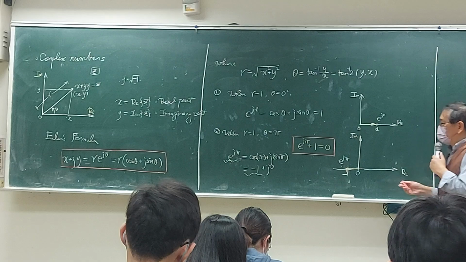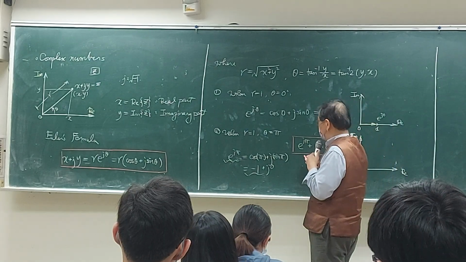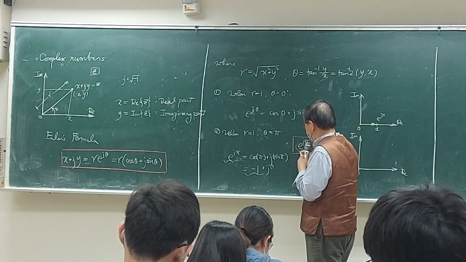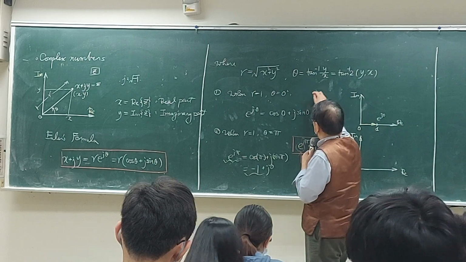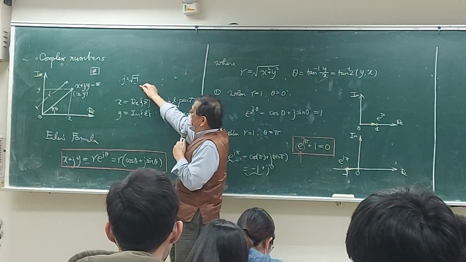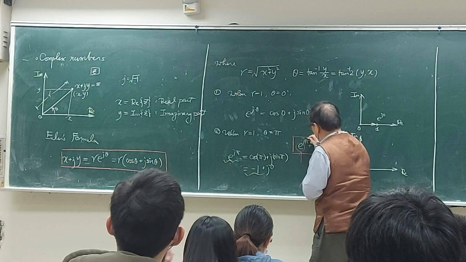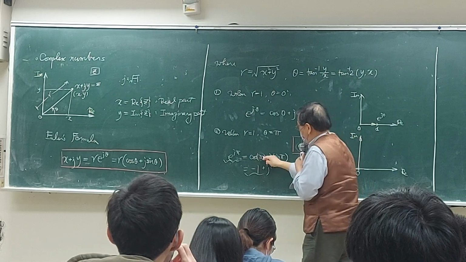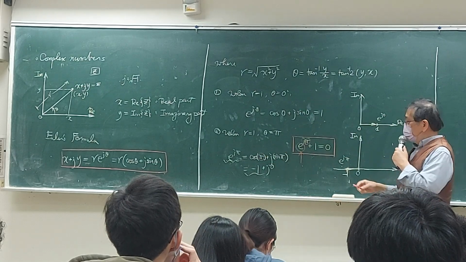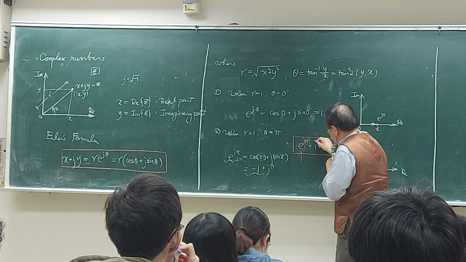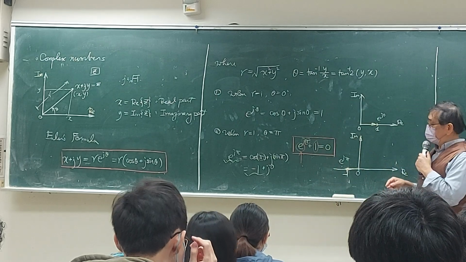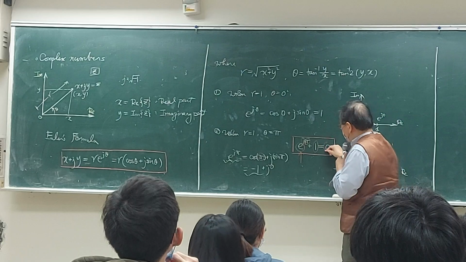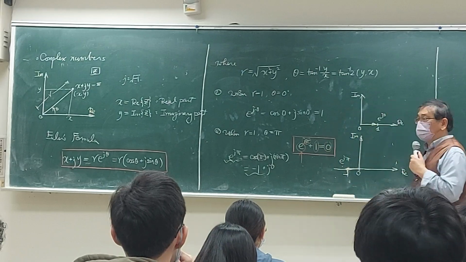Why? Because if you look at this equation, it involves the natural number, j, the square root of negative 1, and pi. It involves 1, the unit number of multiplication, and 0, the unit number of addition.